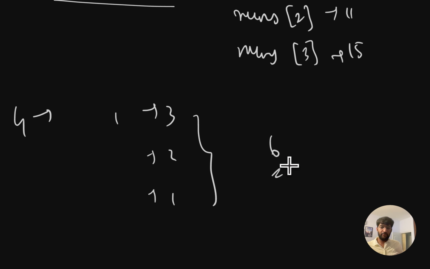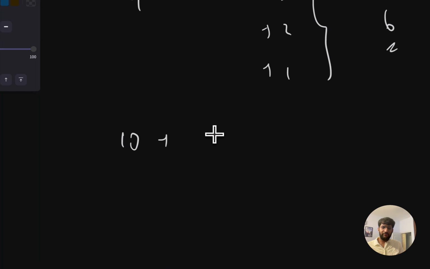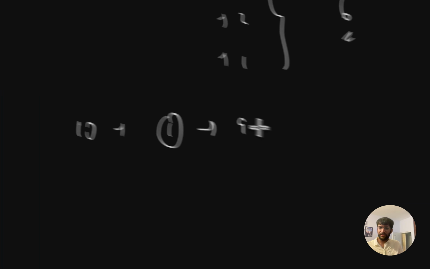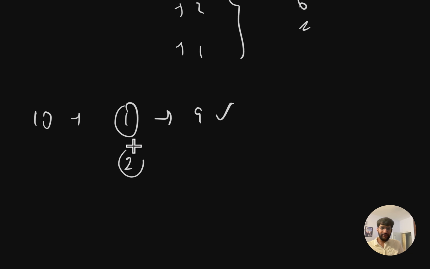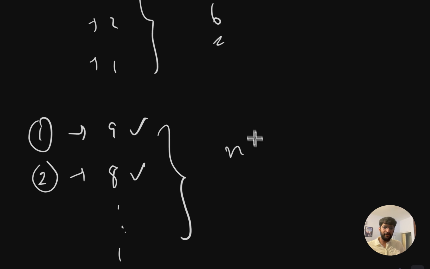Let's take a bigger number, 10. You'll check the first item with the remaining 9 items, so 9 checks. Second item with the remaining 8 items, so 8 checks, and so on. 9, 8, 7, 6, 5, 4, 3, 2, 1. This is the sum of n natural numbers, which is given by the formula n into n plus 1 by 2.